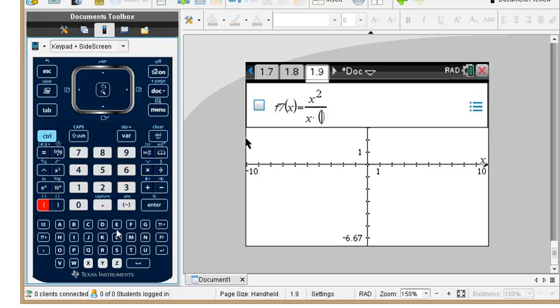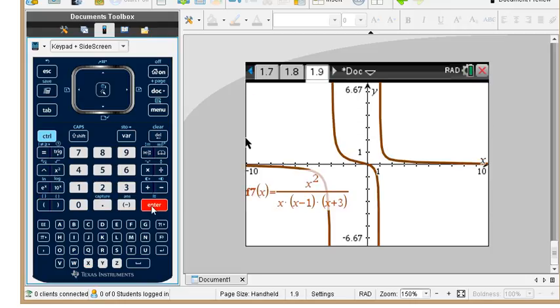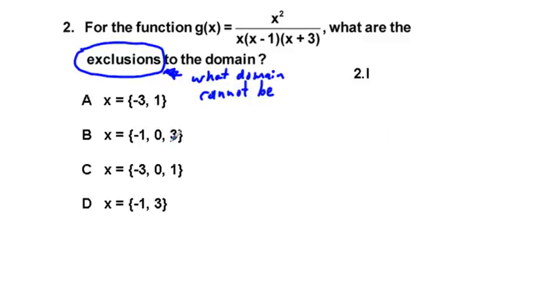And we're going to have x quantity x minus 1 and times quantity x plus 3. And we press that, and we get some discontinuities. See a discontinuity at x equals -3 and at x equals 1, vertical asymptotes. So anything that does not have those two discontinuities, we will just eliminate.